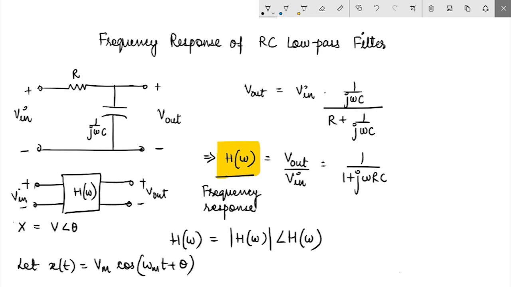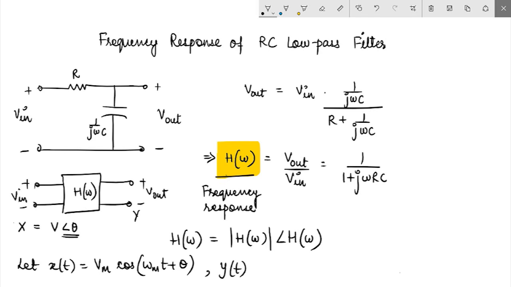If I give this as the input to this system, the output y in phasor would be mod of H at omega m into capital V, and the angle theta would be changed by angle of H of omega.